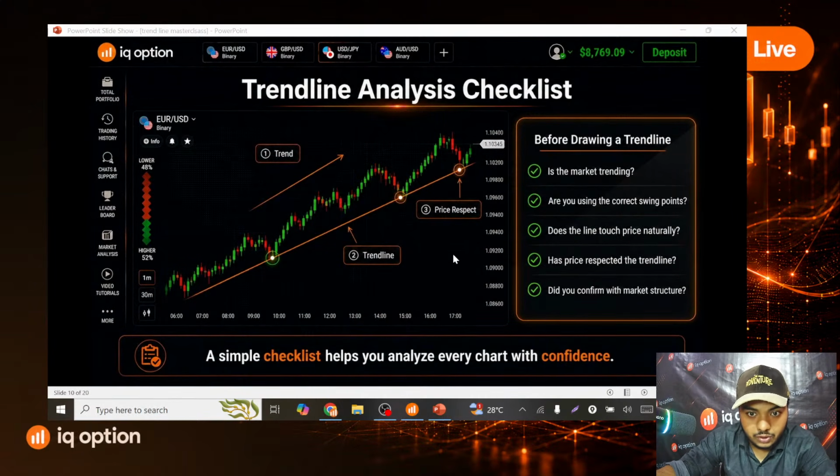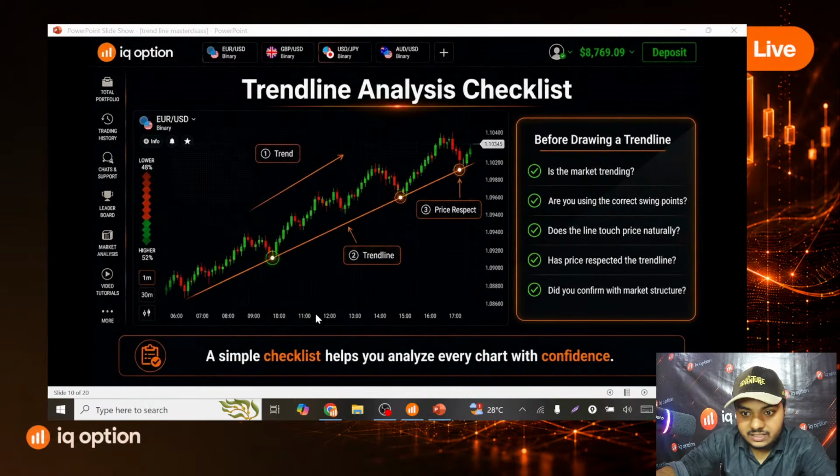Just focus here on some common rules you have to understand. You have to remember these things before drawing a trend line. The first rule is to ask yourself whether the market is sideways or trending. Always think that if the market is trending, then you can draw your trend line.